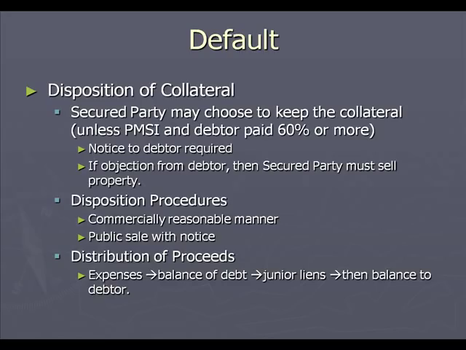Then, if there's money left, it goes to junior liens, and those are the other liens we talked about. So if there is a security interest that was perfected later, an unperfected security interest, a mechanic's lienholder, all those people will get paid next. Then, finally, if there's money left, whatever is left over goes back to the debtor.